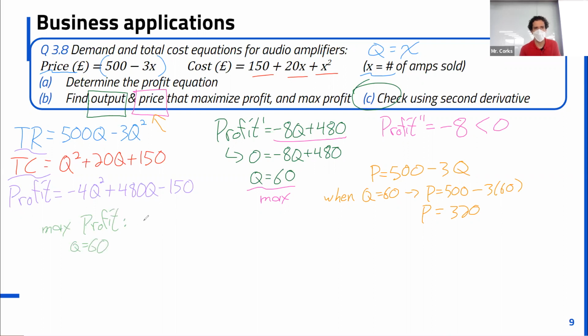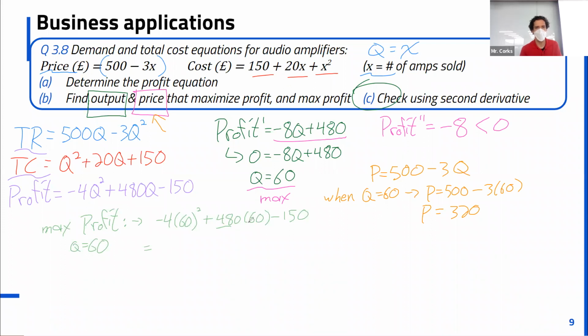So that would be negative 4 times 60 squared plus 480 times 60 minus 150. Okay, so this is quite similar to the last one.